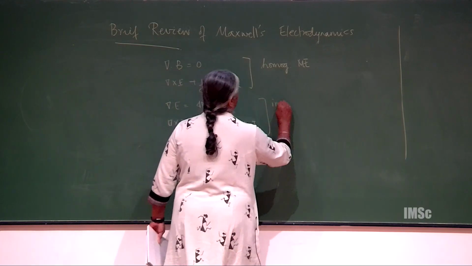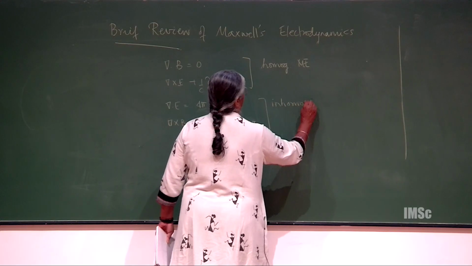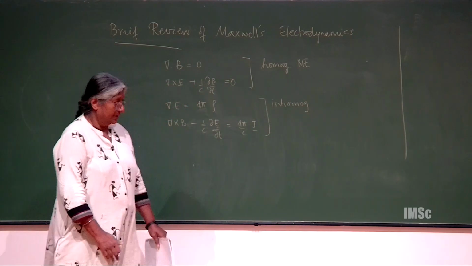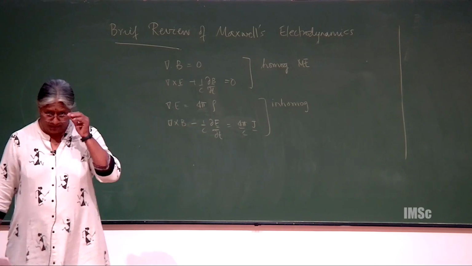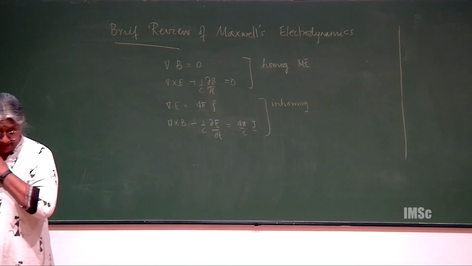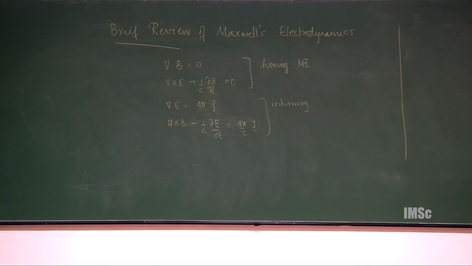These are called the inhomogeneous equations. That's basically the right hand side here involves the charge and current density distributions. In the other one it is 0. So they are the homogeneous equations. Okay.